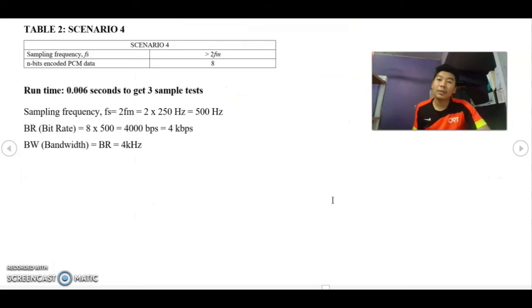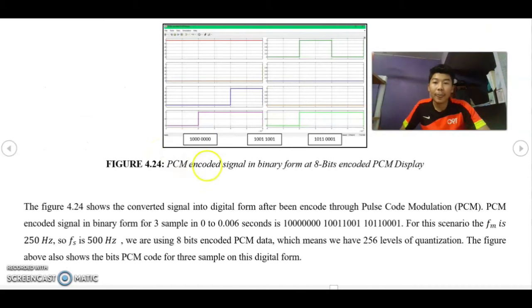And next is the next scenario, for the 8-bit encoded PCM data, and we calculate the sampling frequency, 500 Hz also, and the bit rate is equal to 4 kilobytes per second, and the bandwidth is 4 kilohertz. And next is the PCM encoded signal in binary form.